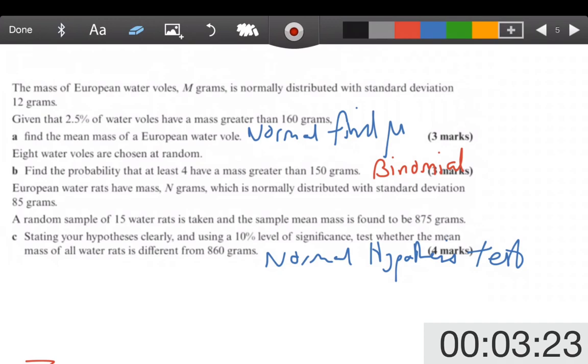How do you find the mean? Sketch a normal distribution. Shade in the area where 2.5% is greater than 160. Find Z, and then put X, Z, and sigma in, and you can find the mean. It's the stuff we were doing on Friday, I think, finding mu and sigma.